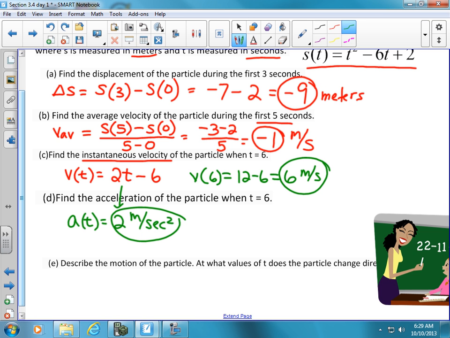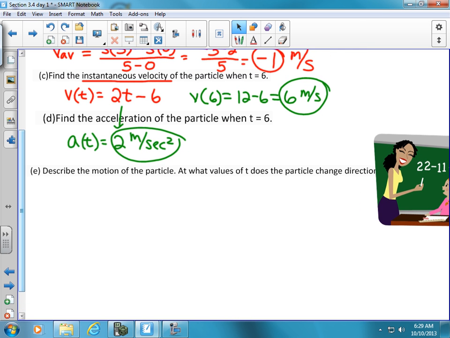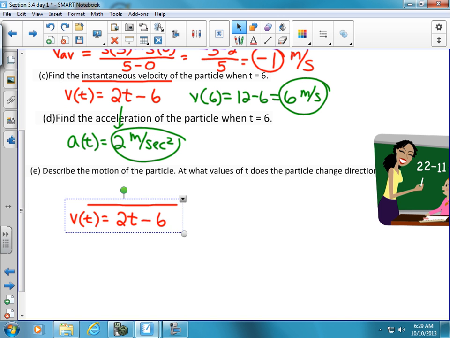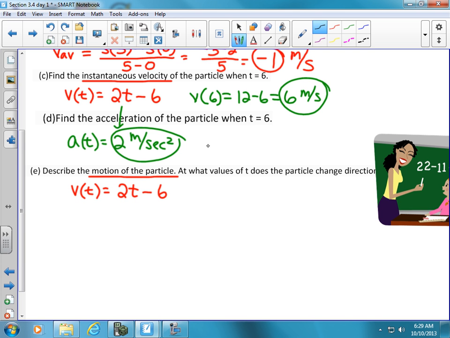All right, the last question asks us to describe the motion of this particle. So what we're going to do is take our velocity function and bring it down here and work with that. The particle is either moving forward, backwards, or you could say left and right, or it's stopped. So let's find out where it's stopped, where the velocity is 0.